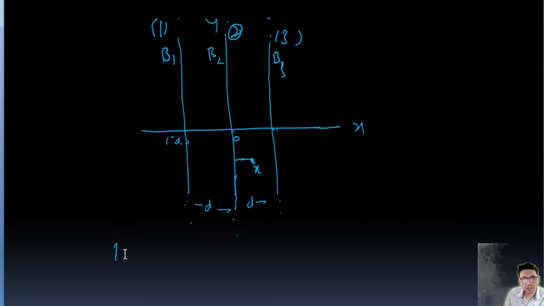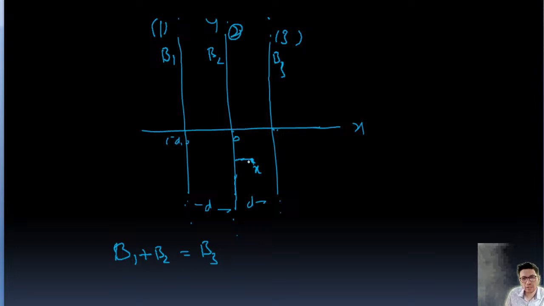So we can write b1 plus b2 equal to b3, it balances. At this point the total effective magnetic field is 0, so b1 plus b2 minus b3 equal to 0. So this is the condition, guys.